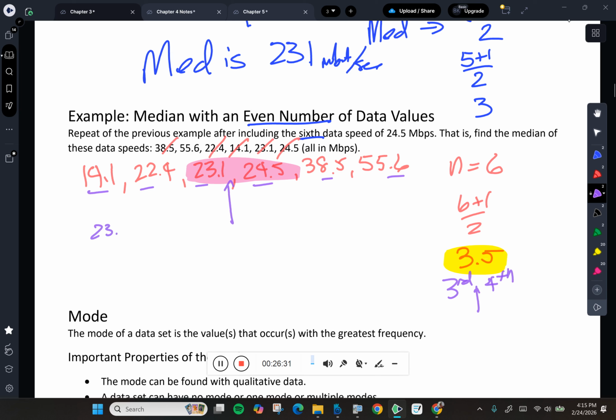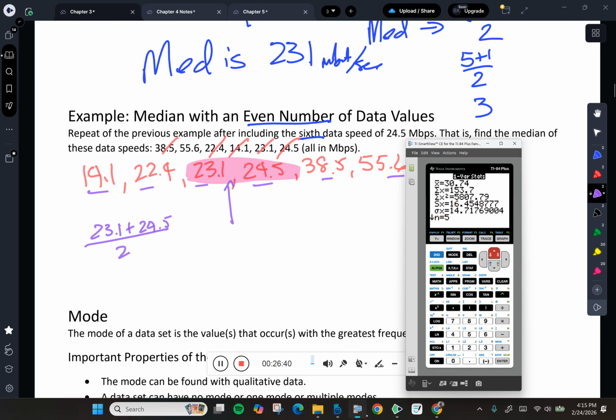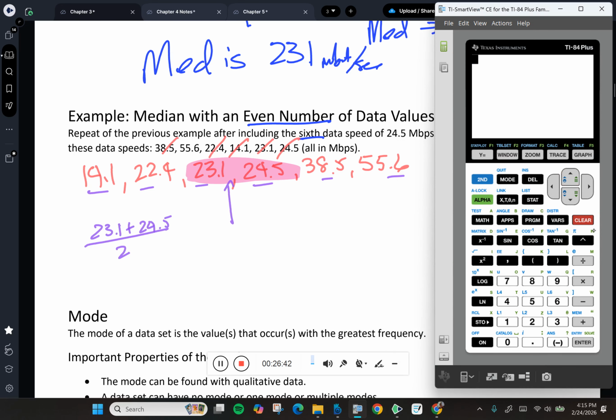So I'll take 23.1 plus 24.5 and divide it by 2. So I'll grab my calculator. I've got 23.1 plus 24.5, divide that by 2, and I'll get 23.8 is our median.